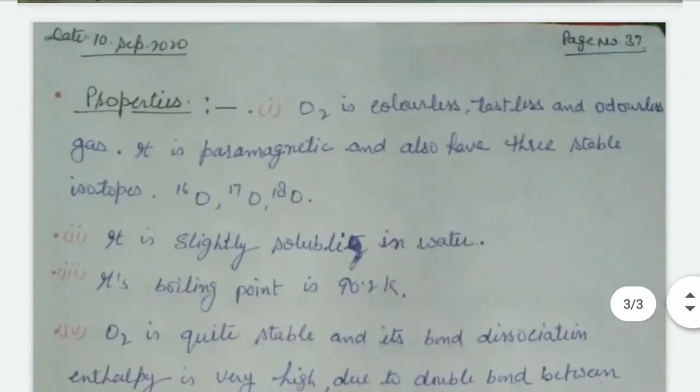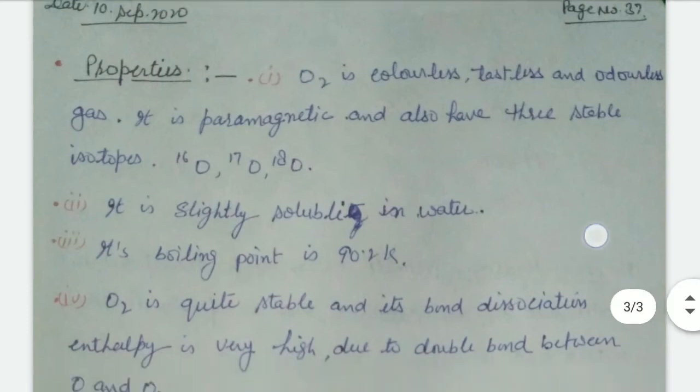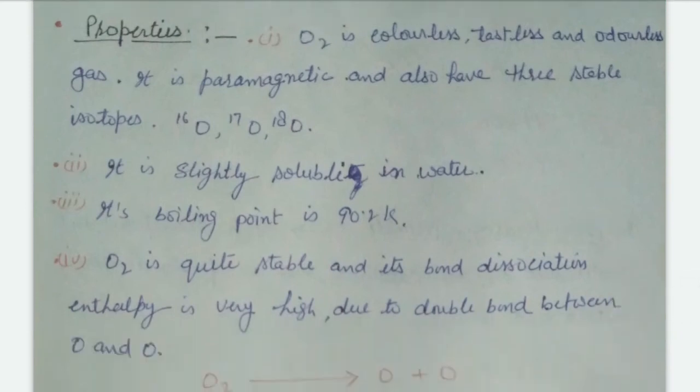Now the properties of dioxygen. Dioxygen is a colorless, tasteless and odorless gas. It is paramagnetic and has three stable isotopes. It is slightly soluble in water, which is favorable for aquatic animals.